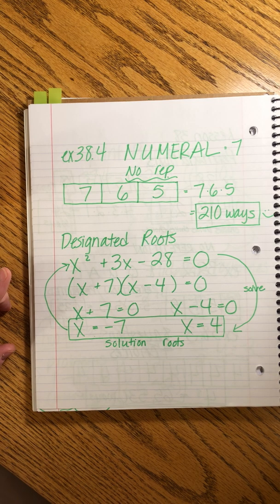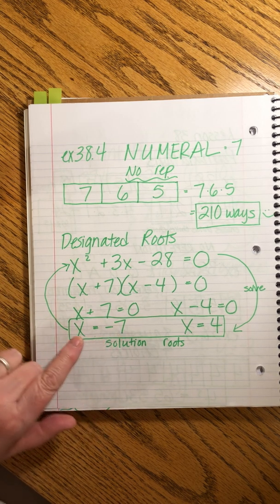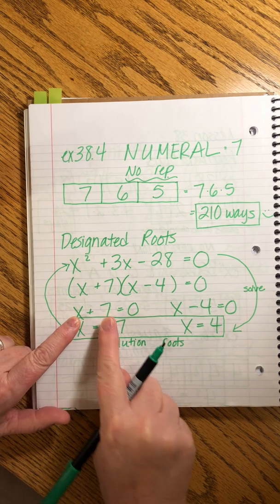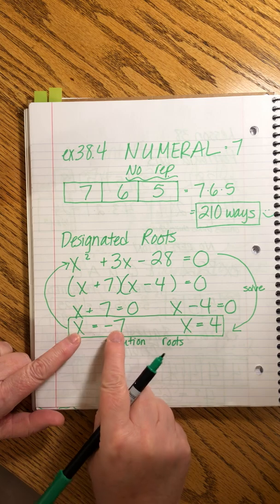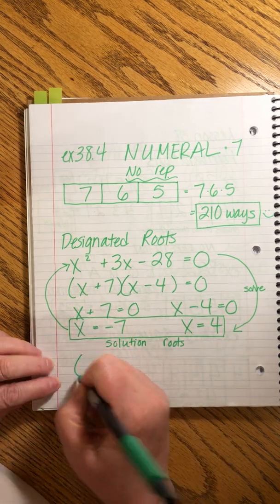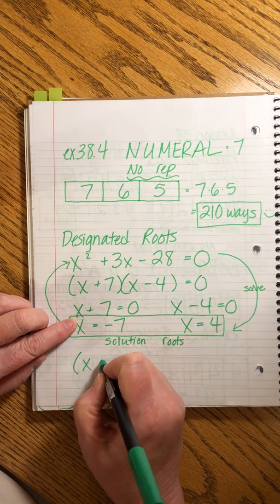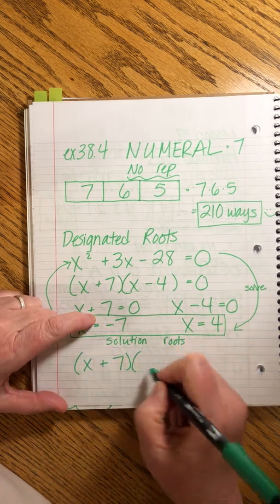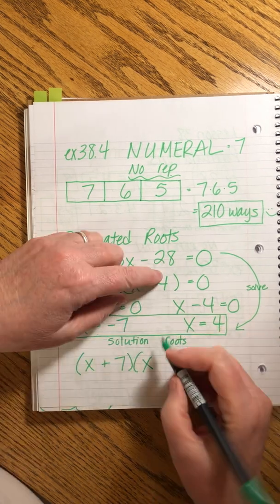The way that we'll do that is to remember that when we have the answer, we can rewrite the terms of it by changing the sign, right? Here we switched the sign as we simplified it. So we know that this one would be x plus 7, the opposite of that sign, times x minus 4.